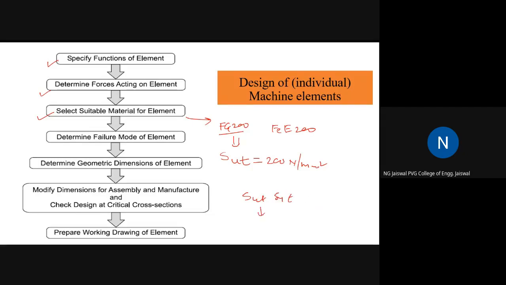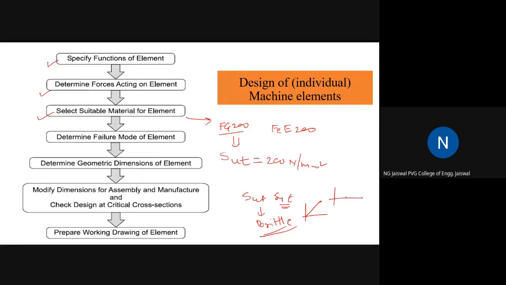Now SUT is more suitable for brittle material, because of the discussion we have seen already. For a brittle material there is no existence of SYT. Only SUT is there. Why? Because the stress strain diagram of a brittle material is this way, it directly breaks. There is no indication of failure.